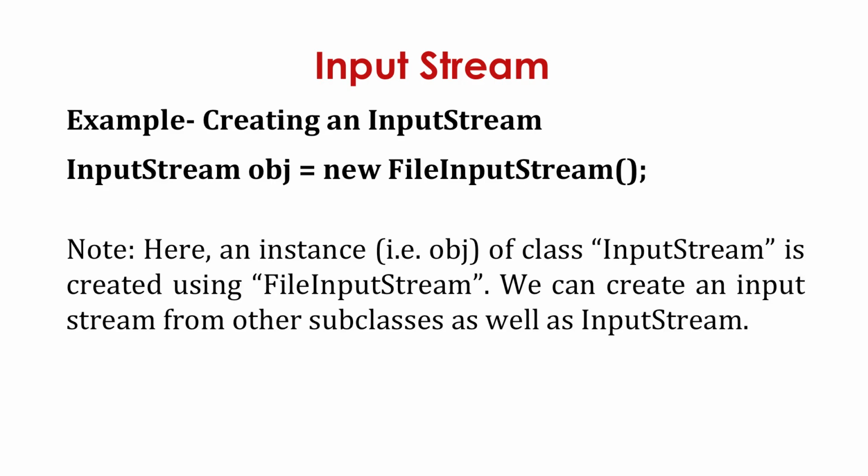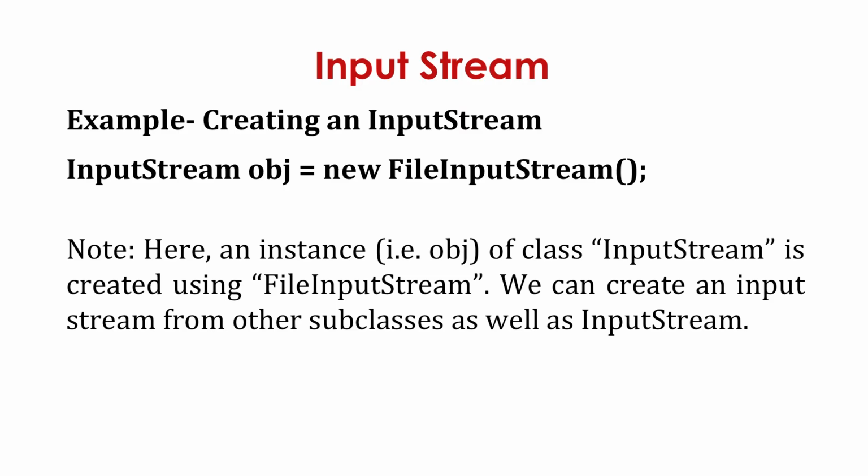For example, we are here to create an input stream. Look at that example. An InputStream class instance is defined here using FileInputStream. Here an instance named obj; you may change it, you may define it as per your own choice.